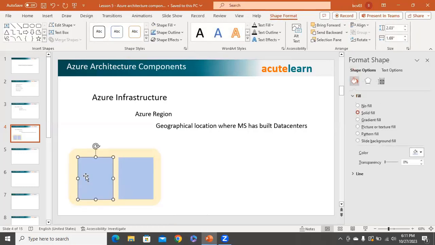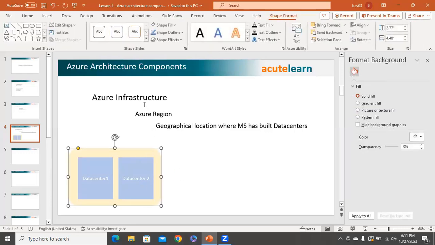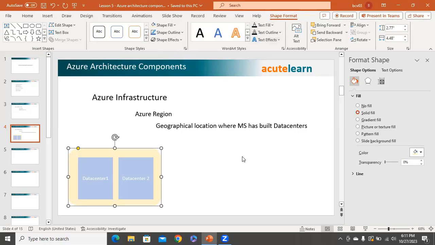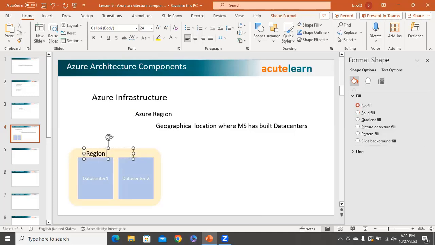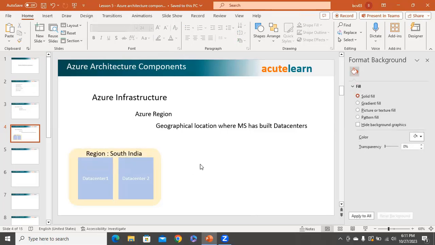So this is data center 1 internally, and this is data center 2. And a region called South India is the region name given by Microsoft for a couple of data centers which they built in that particular region.